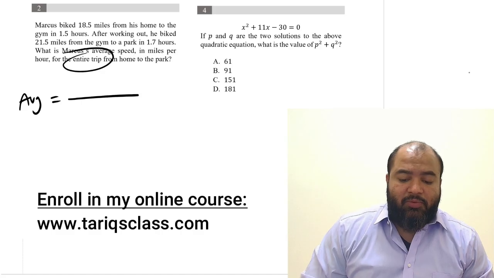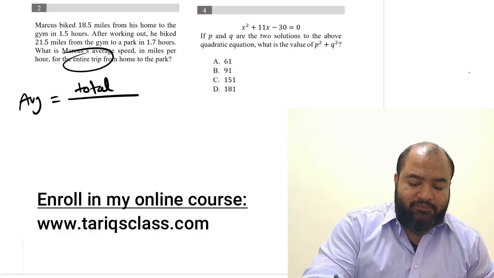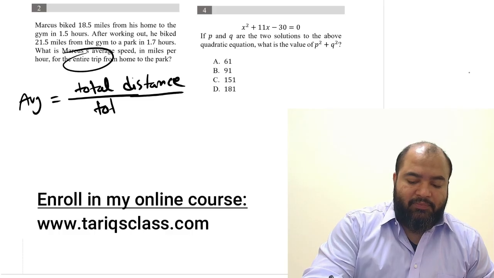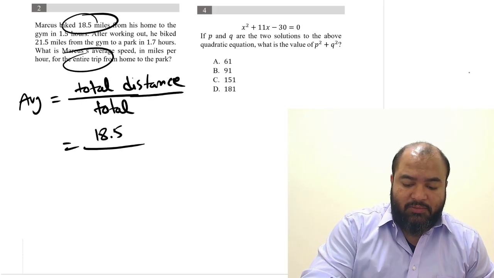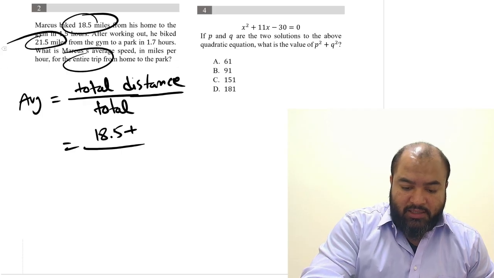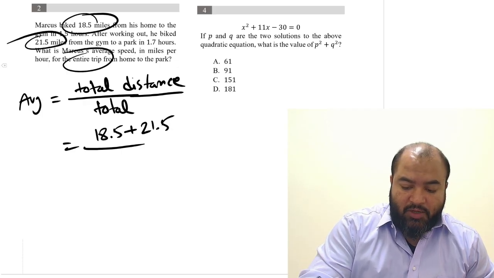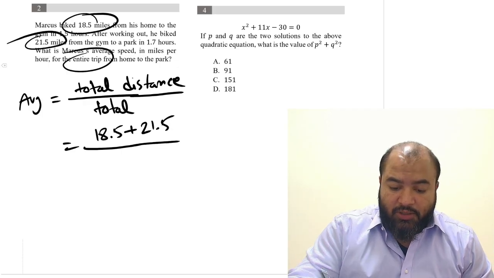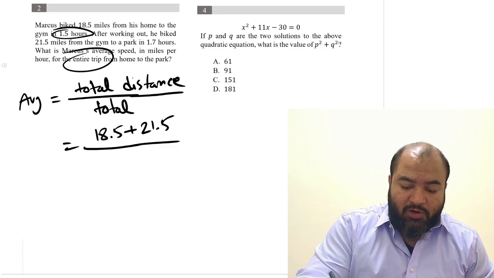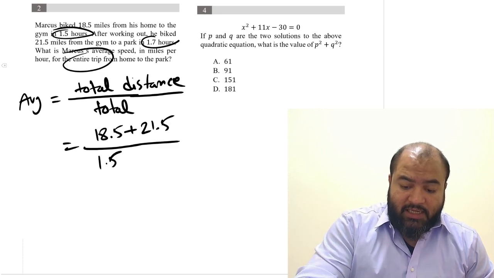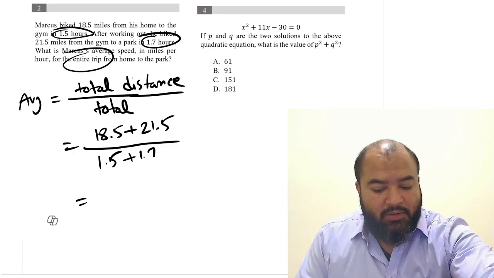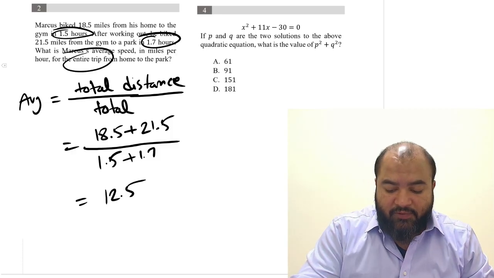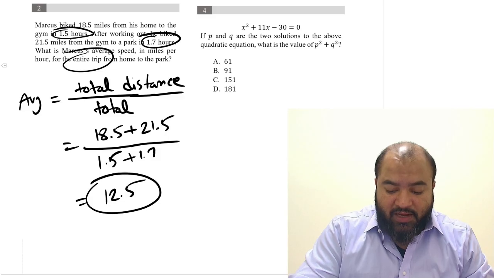So the entire trip would be the total distance traveled over the total time. The total distance is 18.5 miles first, plus 21.5 miles, and the total time is the first trip 1.5 hours plus the second one 1.7 hours. Now you just calculate it, so it's 12.5. That's the answer, 12.5 miles per hour.